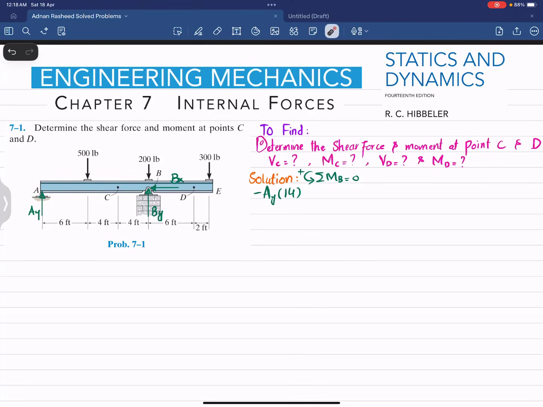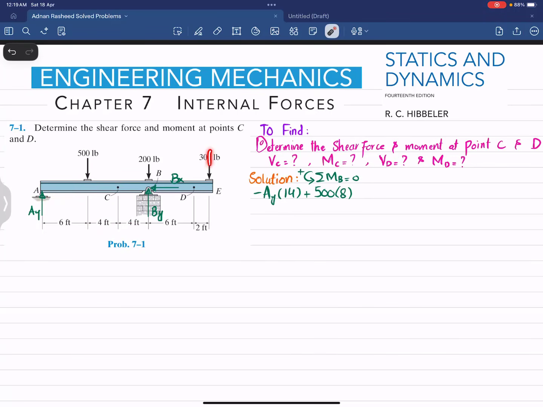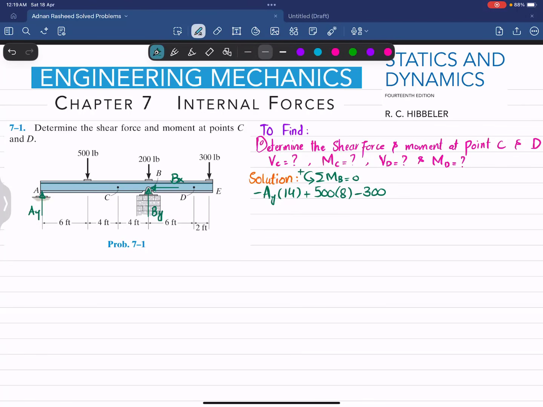The second moment is produced due to the 500 pound load, with a perpendicular distance of 8 feet, and it is producing counterclockwise moment, so it is positive: plus 500 multiplied by 8. The last moment is produced due to the 300 pound force, with a perpendicular distance also of 8 feet, producing clockwise moment, so it is negative: minus 300 multiplied by 8, equal to 0.